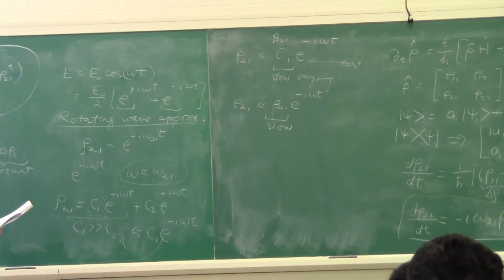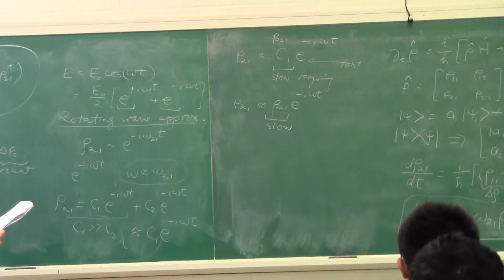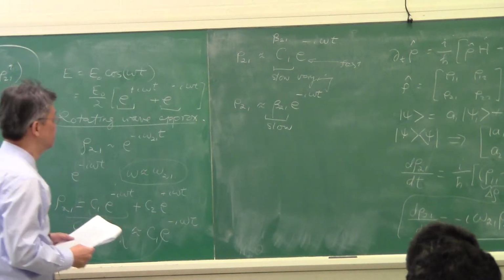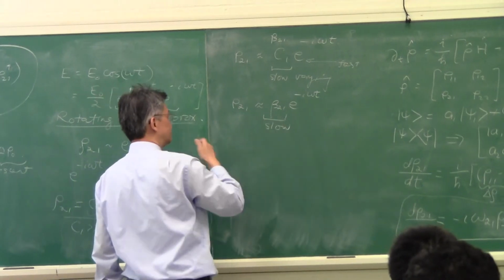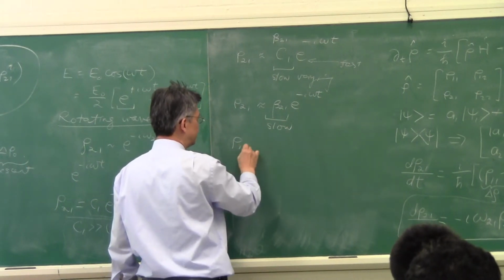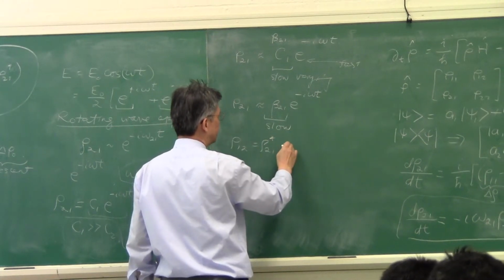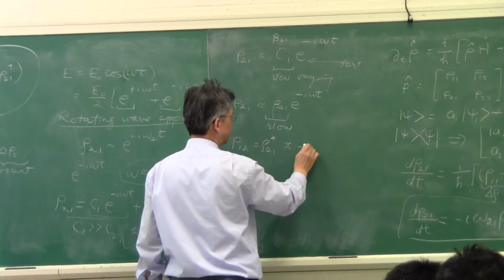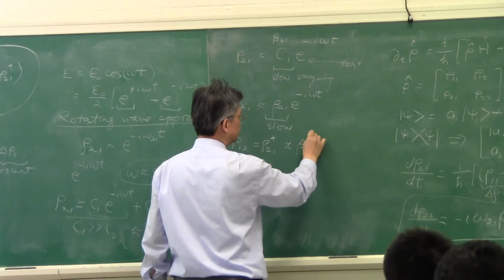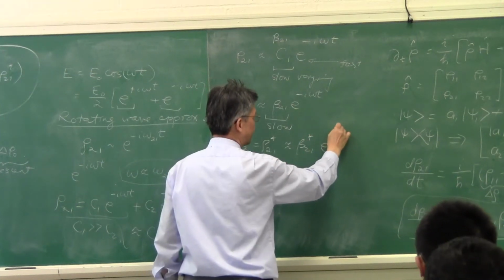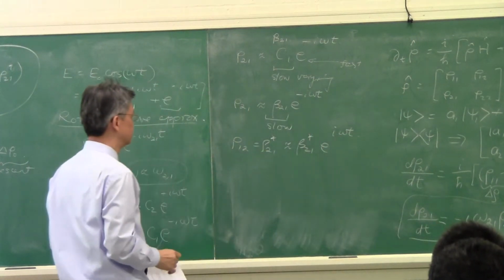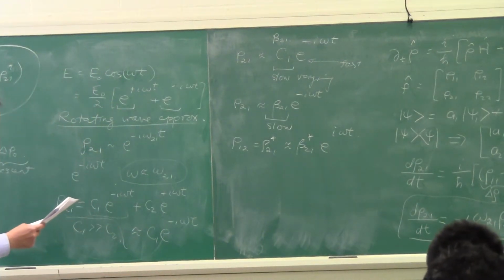If we make this approximation, then rho 2,1 is going to be something like that, and rho 1,2, which is the complex conjugate of rho 2,1, is going to be approximately equal to beta 2,1 complex conjugate e to the plus i omega t. Rho 1,2 is going to behave like that.